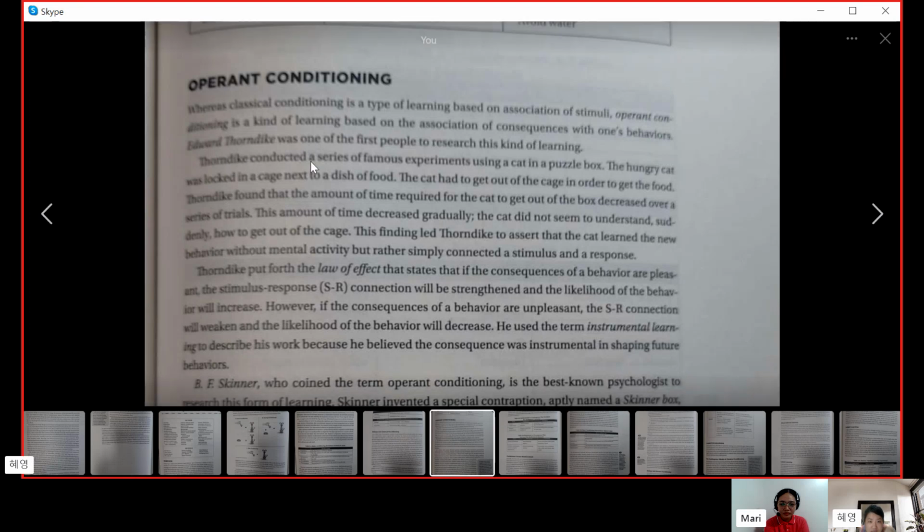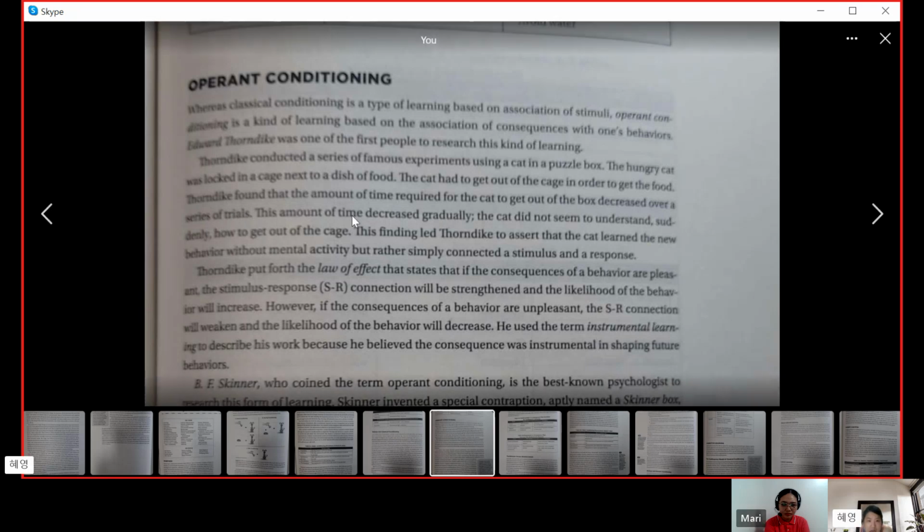Thorndike conducted a series of famous experiments using a cat in a puzzle box. The hungry cat was locked in a cage next to a dish of food. The cat had to get out of the cage in order to get the food. Thorndike found that the amount of time required for the cat to get out of the box decreased over a series of trials.